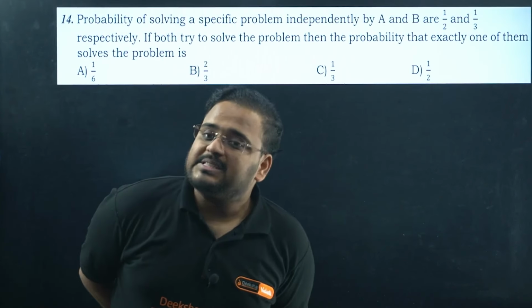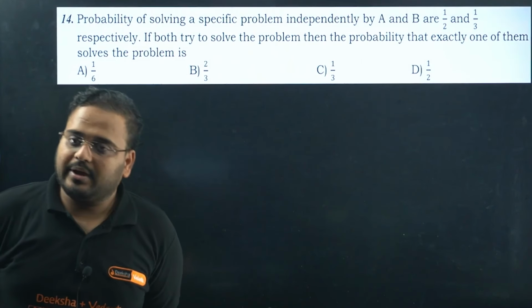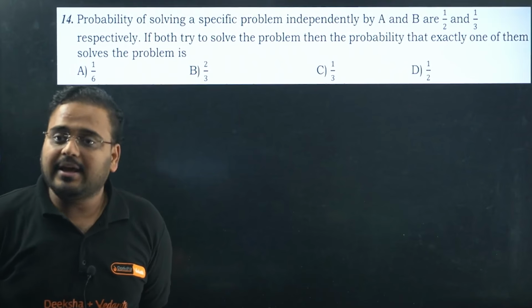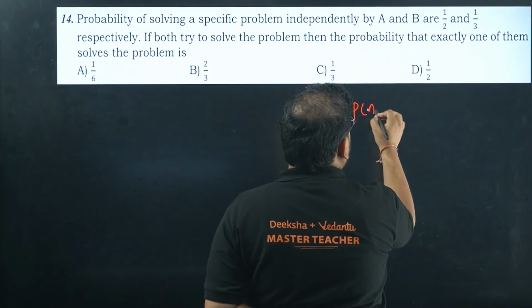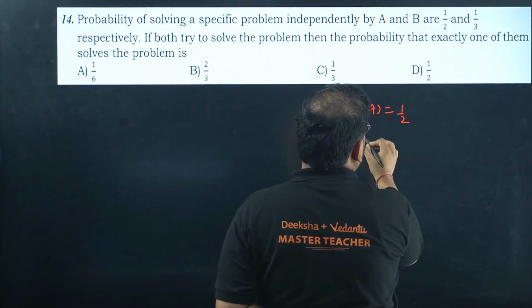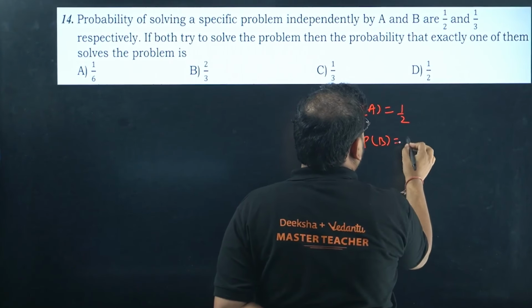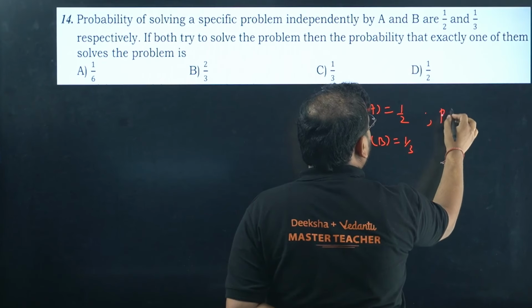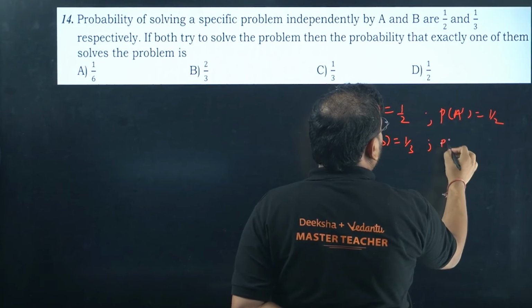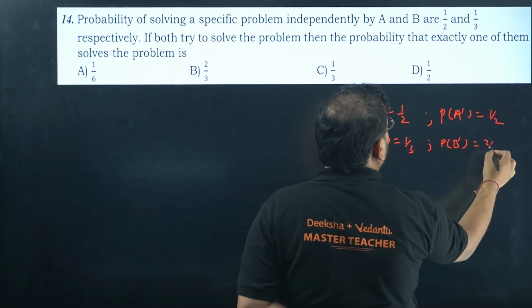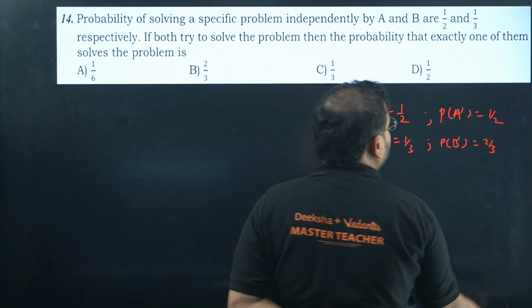Probability of solving a specific problem independently by A and B are 1 by 2, 1 by 3. Means if A solves, it's 1 by 2, PB is 1 by 3, means for A to not solve will be what? Again 1 by 2, and for B to not solve will be what? 2 by 3. How can I say that, sir?